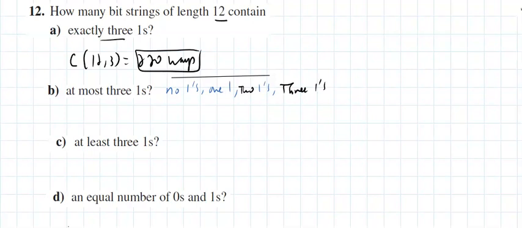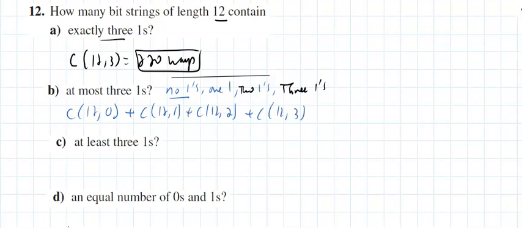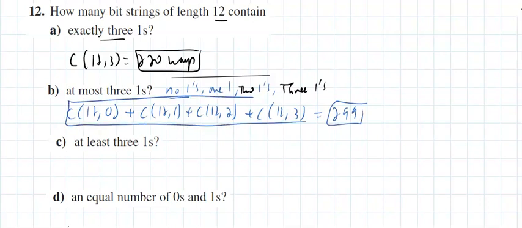So, the way it works, no ones, well, that'll be out of the 12, we're going to choose none. Or, since you have a choice, out of the 12, we're going to choose 1. Or, out of the 12, I know this looks long, but believe it or not, this is the shortest way of doing this. I plug this in my calculator, and that turns out to be 299 ways. Again, on a test, you could leave it just like that.